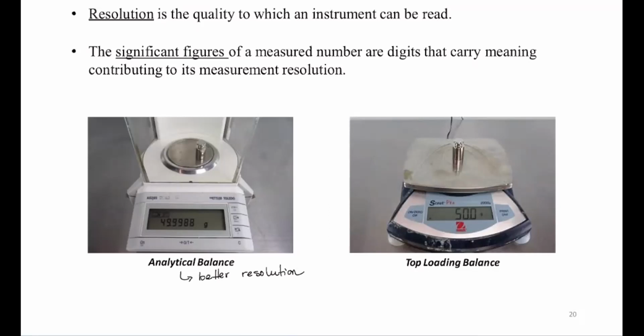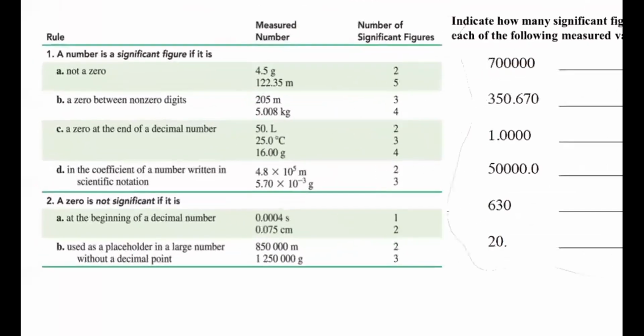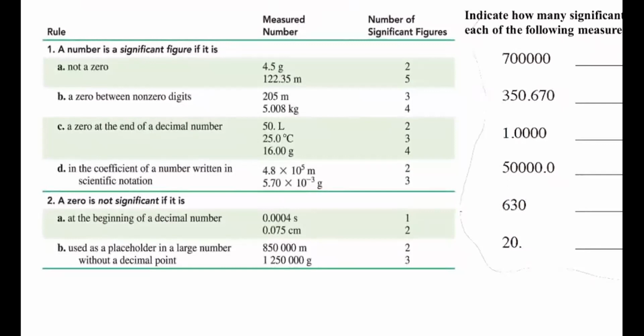Taking that into consideration, let's now review the rules for determining significant figures and learn how to determine the significant figures in a particular measurement. These rules are just a summary of the rules for significant figures. We're going to go through rules 1A through 1D, and then we're going to talk about 2A through 2B.